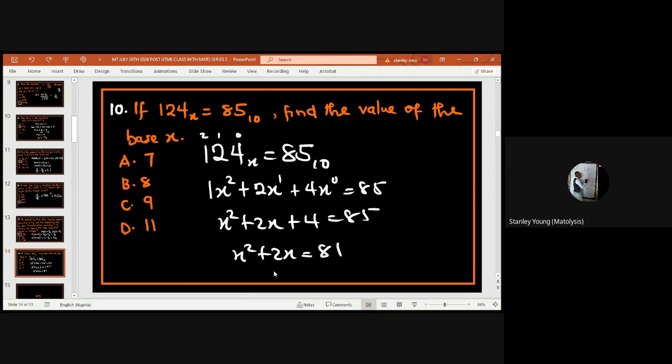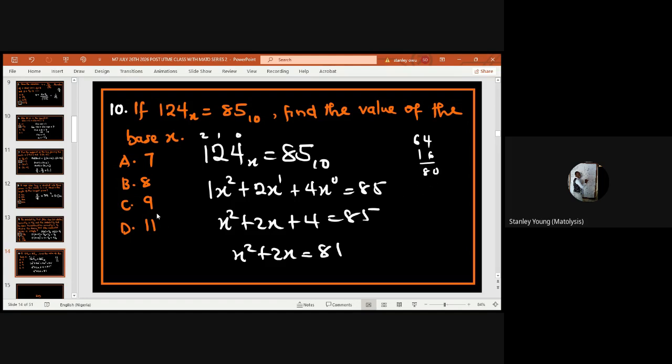Added up, it can never be 81, it will be less. You can then think of 8. 8 squared is 64, twice 8 is 16. If you add it up, that's 80.